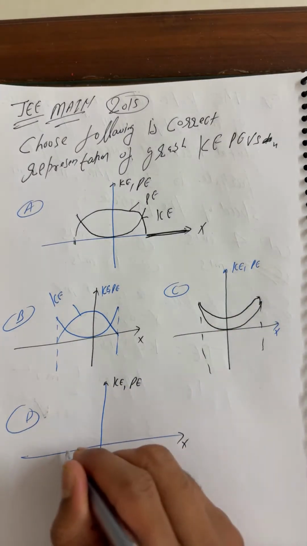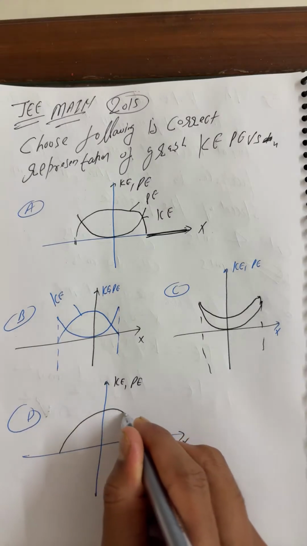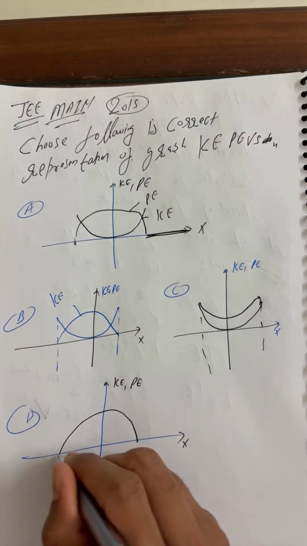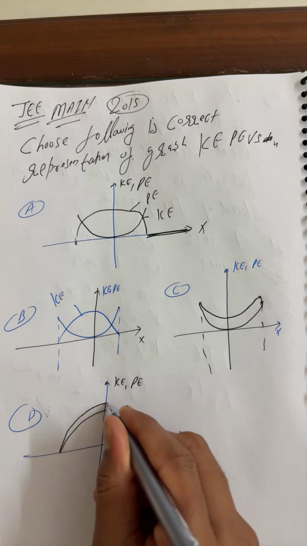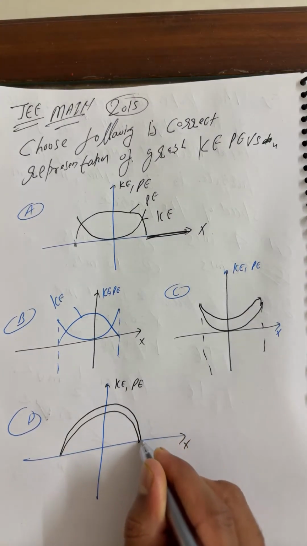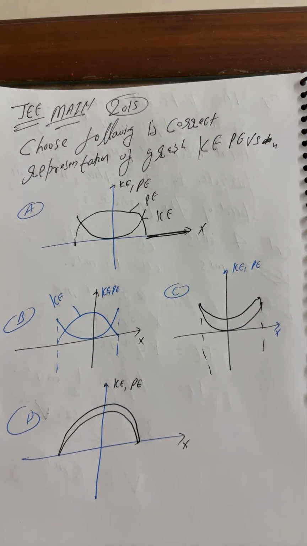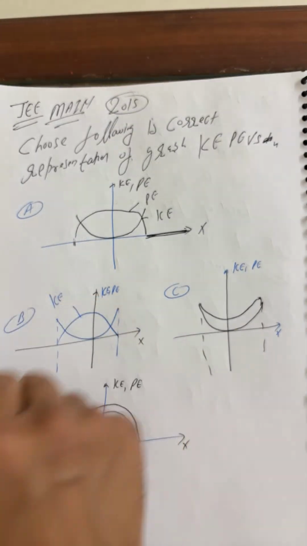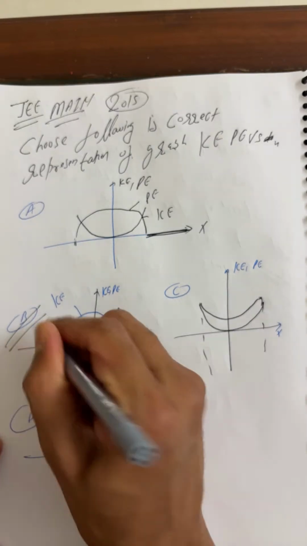In option C, this is potential energy as a function of x, and this is kinetic energy as a function of x. And last, potential energy as a function of x and kinetic energy as a function of x. Now tell me which option is correct? No doubt here, option B is correct.